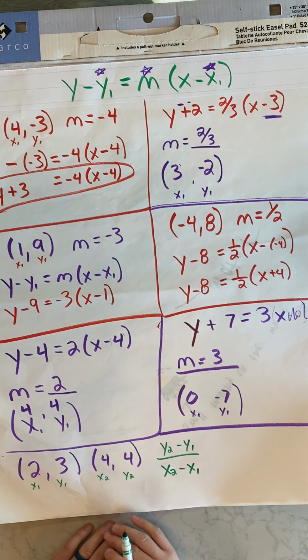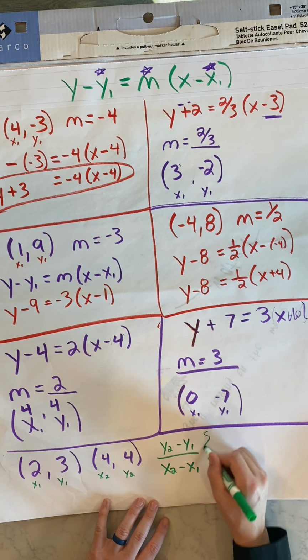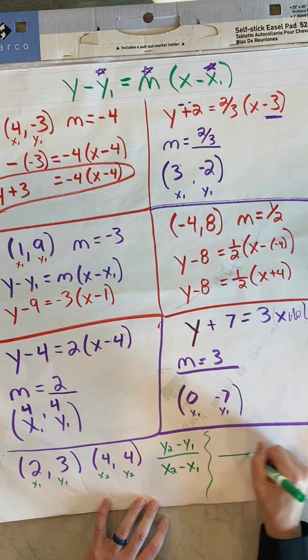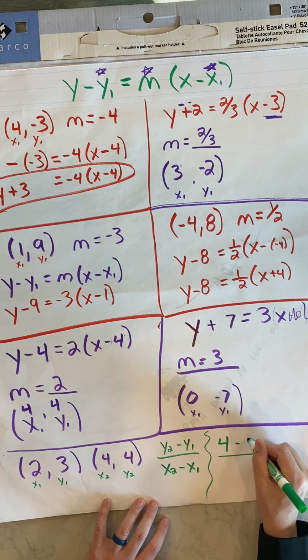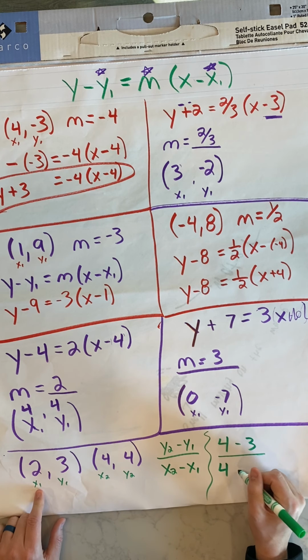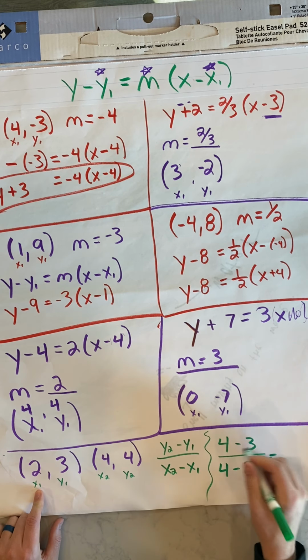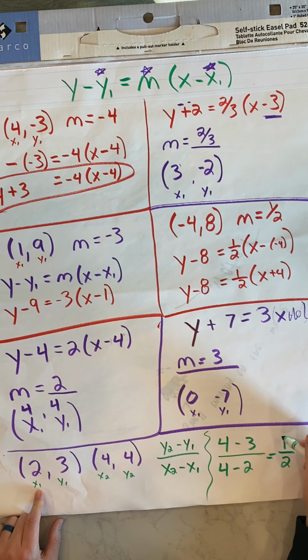So in order to complete this problem, we are going to subtract. y2 is 4 minus y1, which is 3. x2 is 4 minus x1, which is 2. 4 minus 3 is 1. 4 minus 2 is 2.